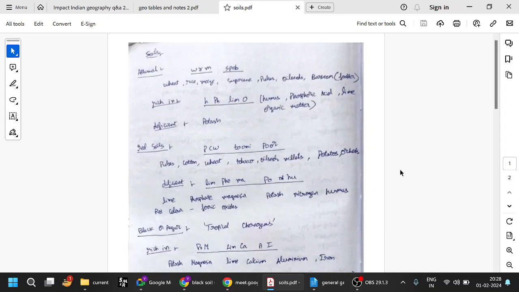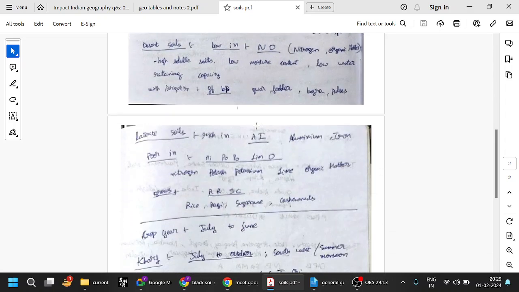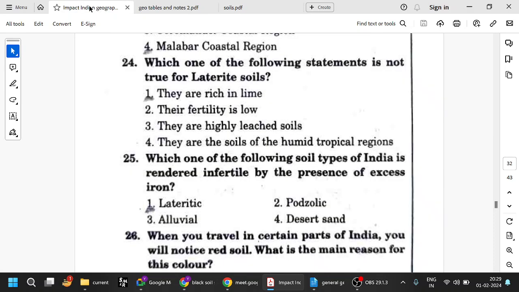Let us just see laterite soils, right? Laterite soils are rich in aluminum and iron. They are poor in nitrogen, potassium, lime, organic matter. So they are poor in lime. If you remember what I've told, and if you write it down on the rough paper immediately when you get the answer sheet, these code words, then you will be able to know which soil is rich in which and poor in which.